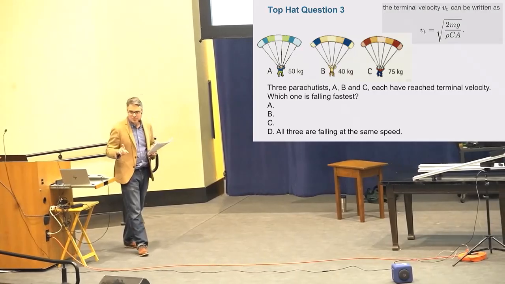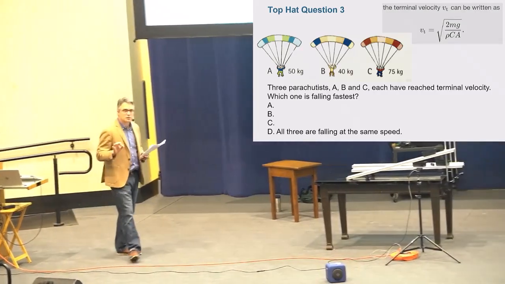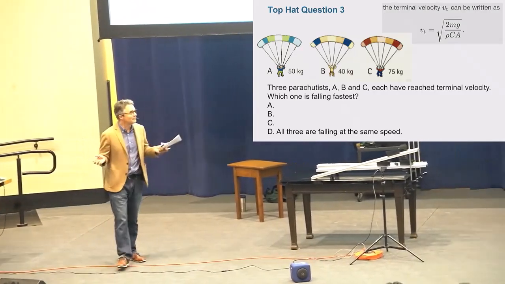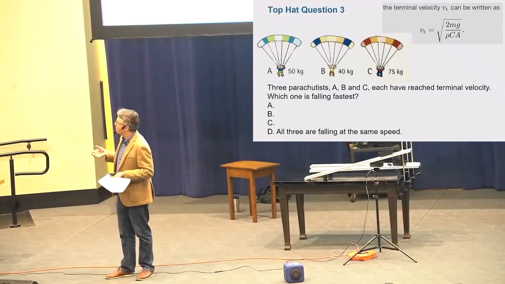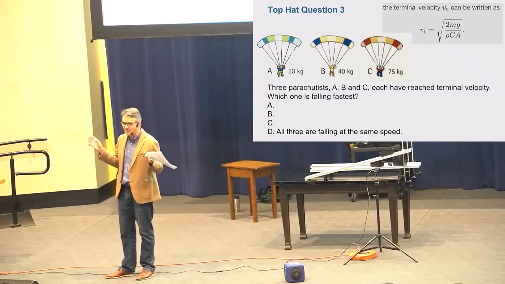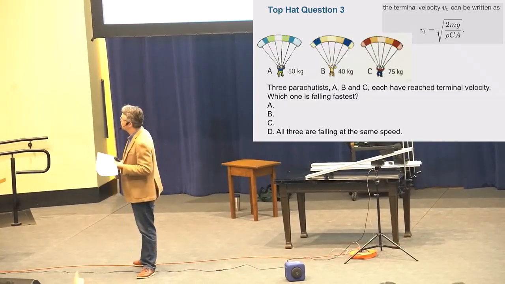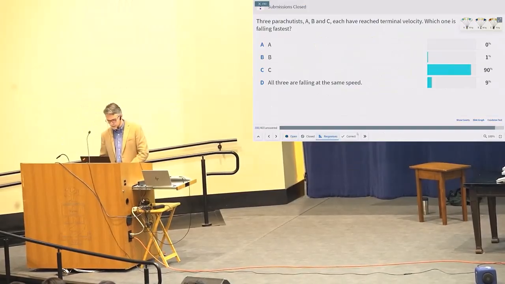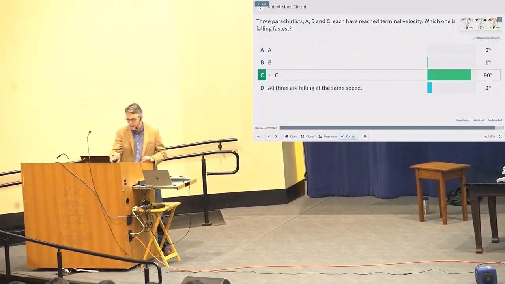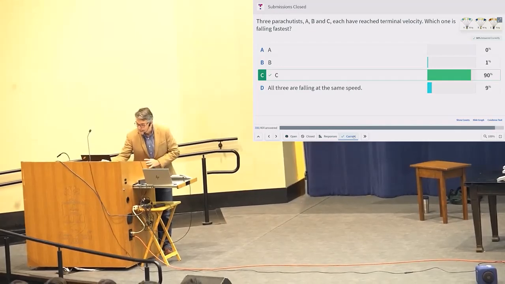Remember, there's that equation for terminal velocity. Let's say we have 3 parachuters. They all have similar parachutes, I guess, and they're falling down. They've all reached their terminal velocity. They're all happily falling towards the ground. Which one's falling fastest? Many of you are saying C, the more massive guy, is going fastest.